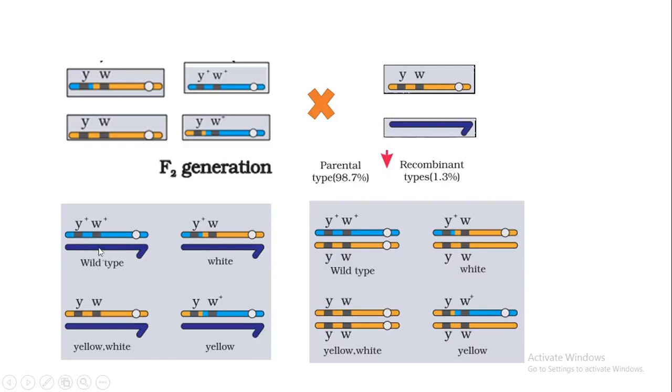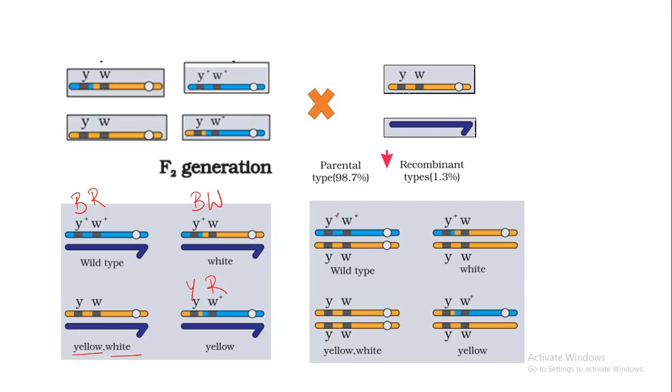Here you will have a wild type, so the body color is going to be brown body and red eye. Here, once again Y plus, brown body, and W, it's a mutant one, so this is white eye. Here this is yellow body, white eye, and once again yellow body with red eye. Okay, so this is the male generation.